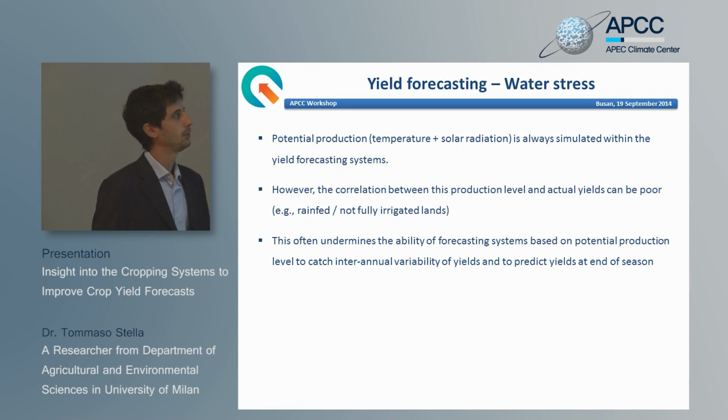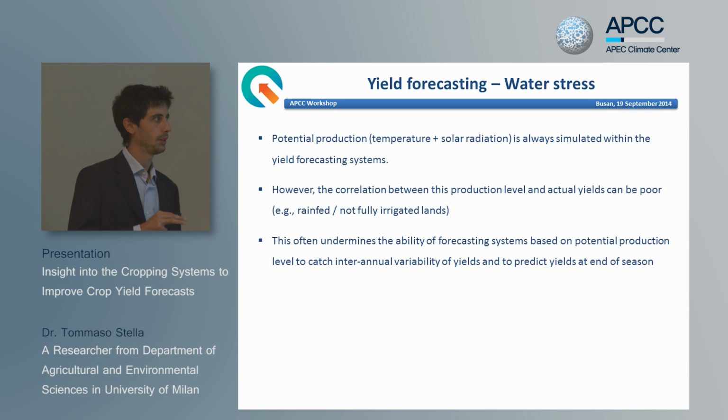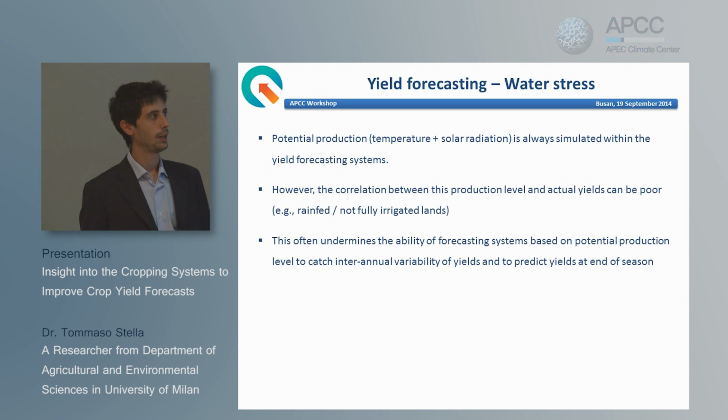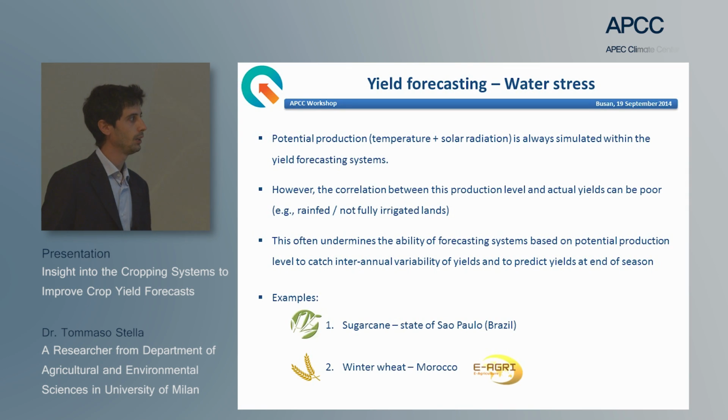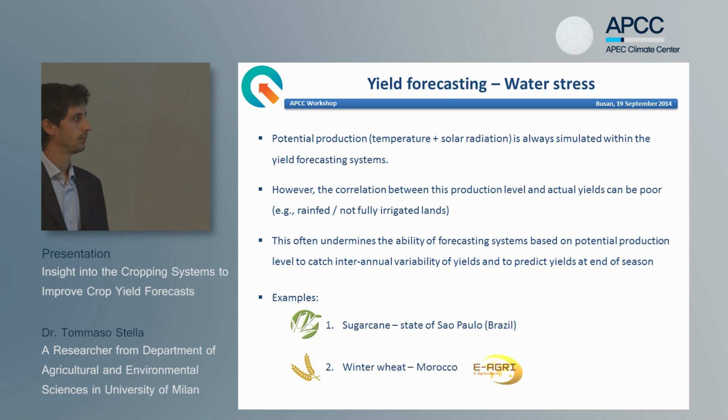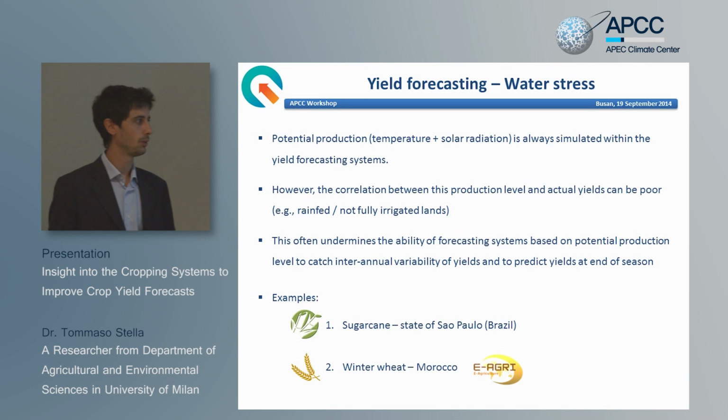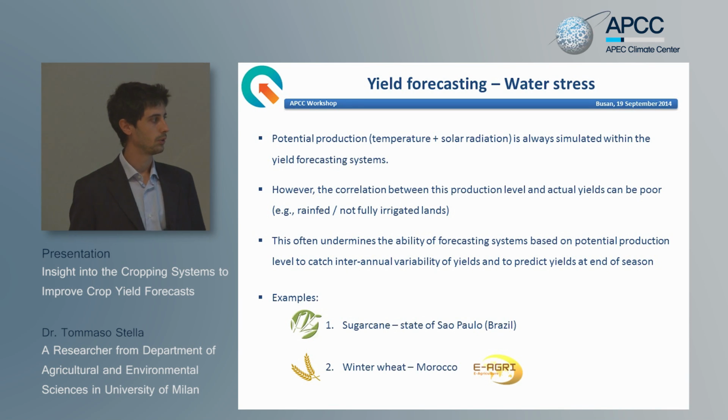And this fact often undermines the ability of forecasting systems based on potential production to catch interannual variability of yields and to predict yields at the end of the seasons. We have a couple of examples, one for sugarcane in the state of Sao Paulo and one in Morocco for the simulation of winter wheat.